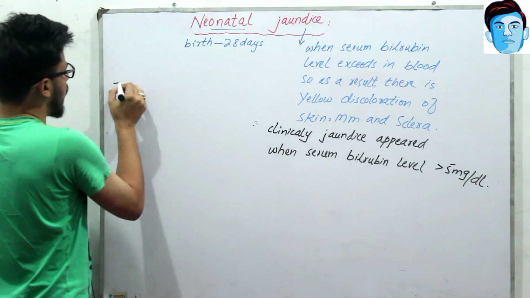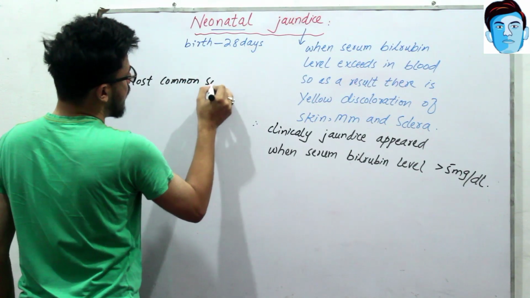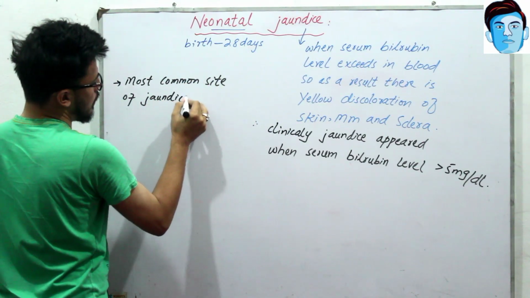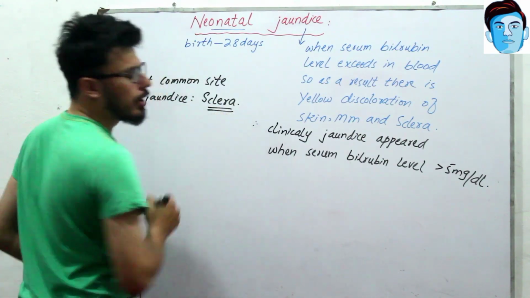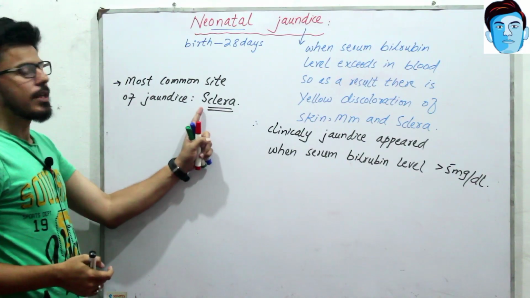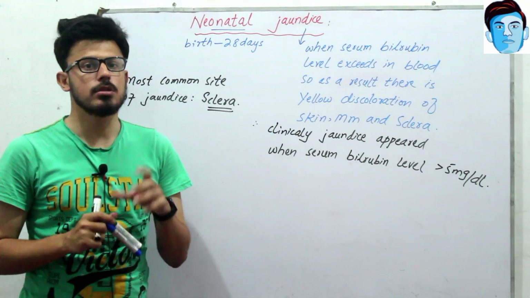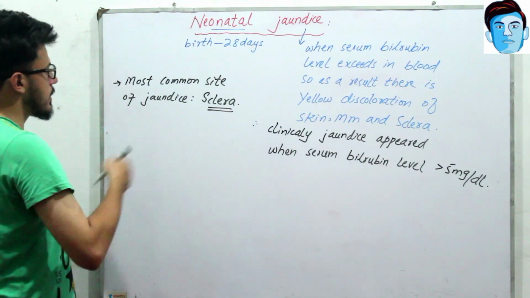The most common site of jaundice is sclera, but in people who have black skin, the most common site is not the sclera.